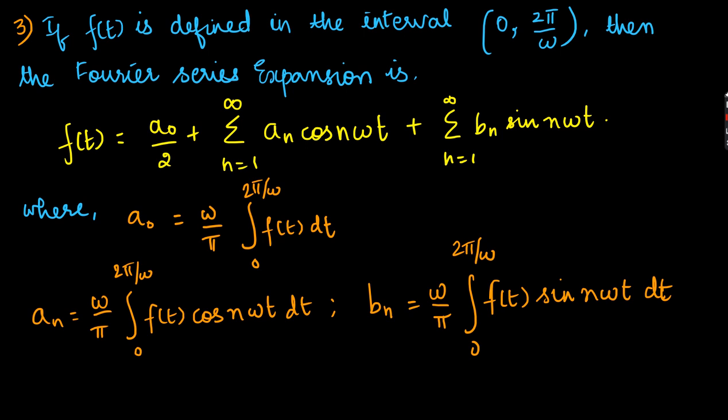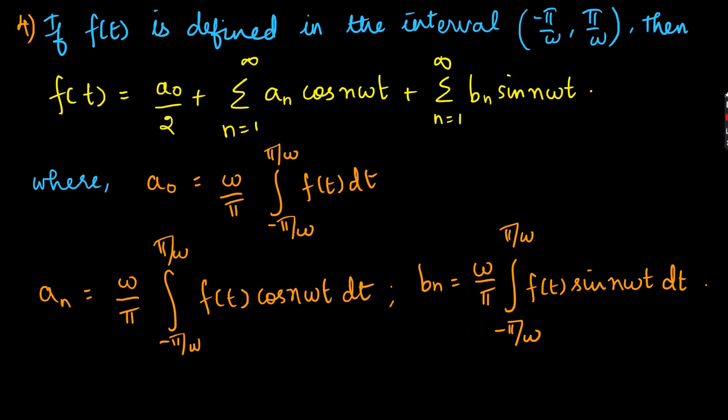Similarly, your a n and b n will have cos n omega t and sin n omega t terms, and your limit is from 0 to 2 pi by omega. The fourth one is if the interval is defined from minus pi by omega to pi by omega, it will again have cos n omega t and sin n omega t. Similarly, your a n and b n will have the same terms and the limit will vary.